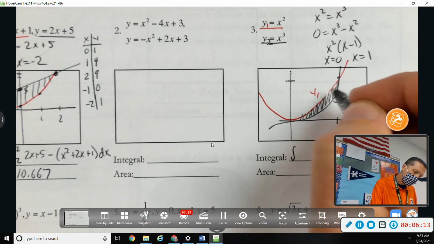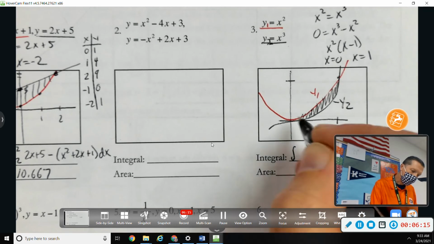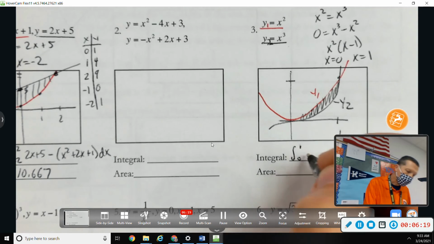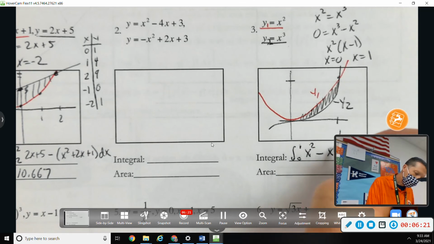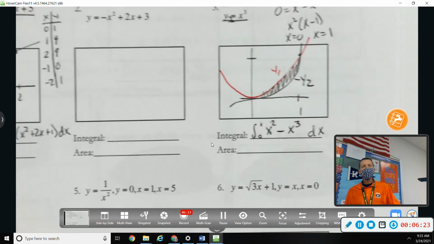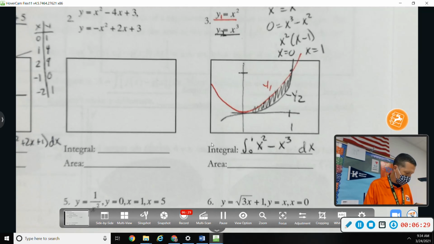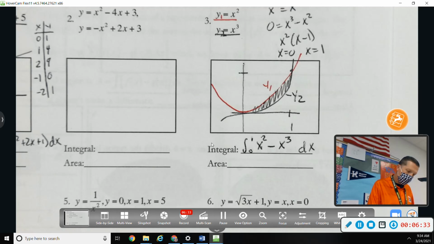So we're doing top minus bottom. This is a dx, left to right, 0 to 1, and we said the x squared was on top. That's one you could do by hand if you needed to, but we've got the calculator, so let the calculator do it. X squared minus x cubed.